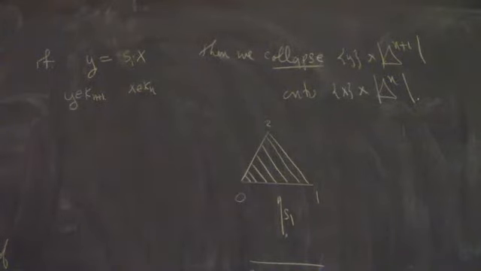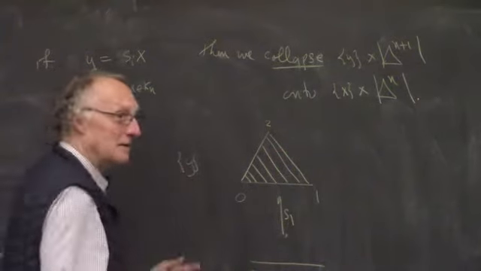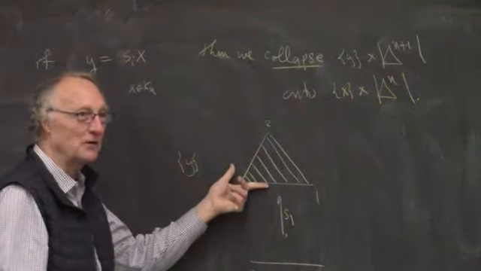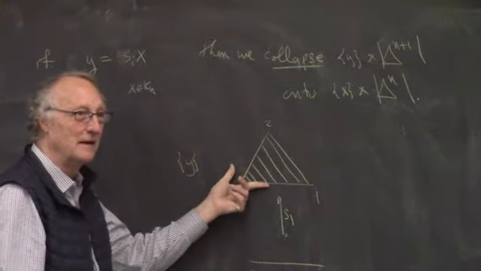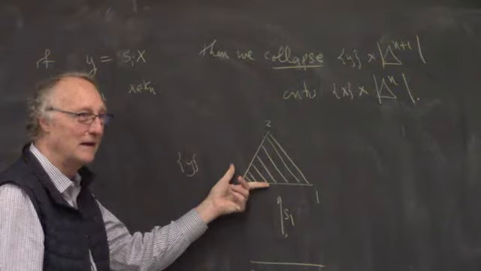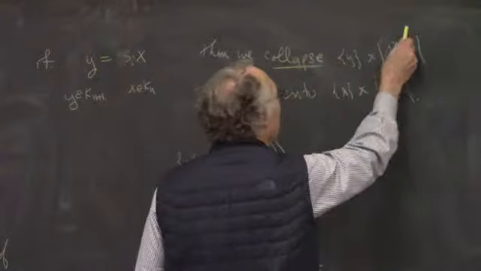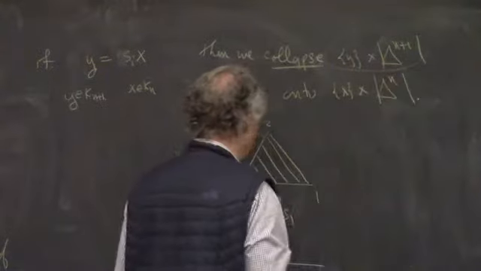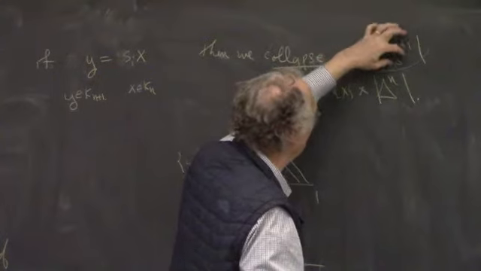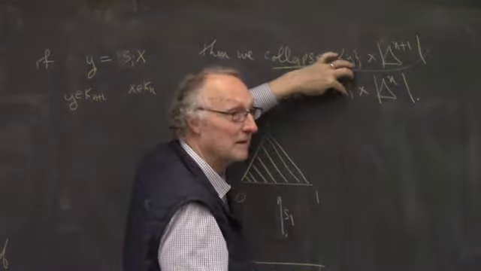What happens to y itself? So y is just a point or an index or a name. It tells me which n plus 1 simplex I'm looking at. So I have a linear collapse from this simplex onto this one, and the y goes to x. Just like that.